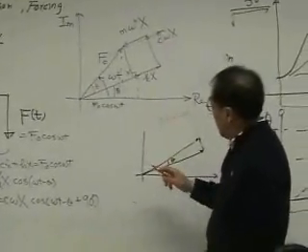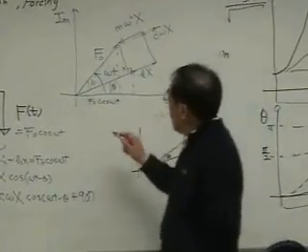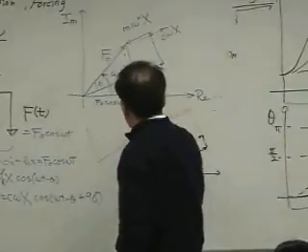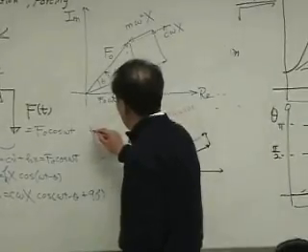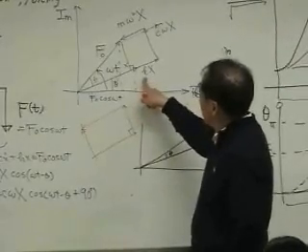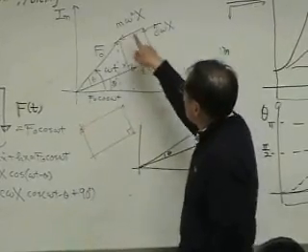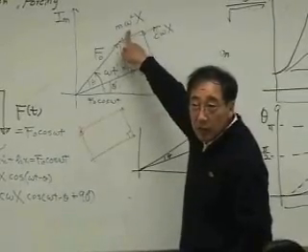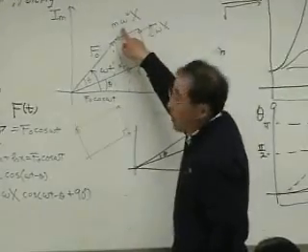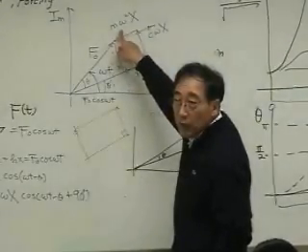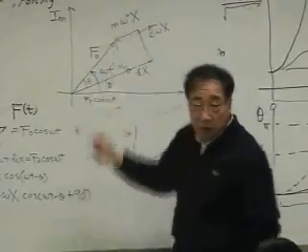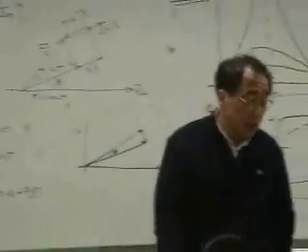For example, if I make a phasor like this, that means kx equals m omega square x. That means k equals m omega square. That means omega square equals k over m. That means excitation frequency is exactly the same as the natural frequency.